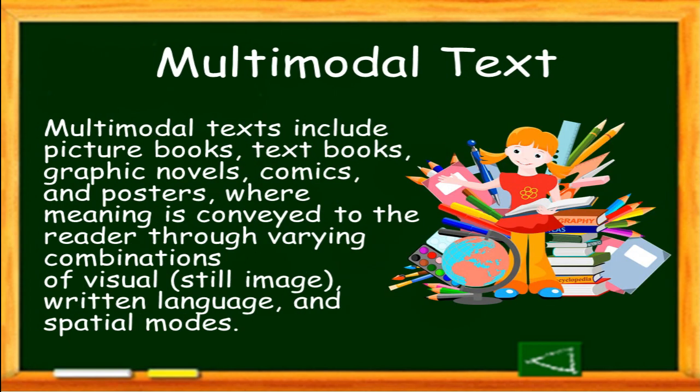Multimodal texts include picture books, textbooks, graphic novels, comics, and posters, where meaning is conveyed to the reader through varying combinations of visual or still image, written language, and spatial modes.